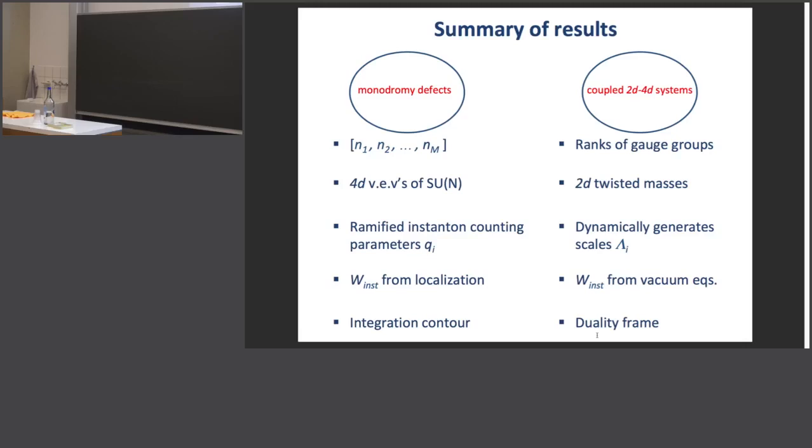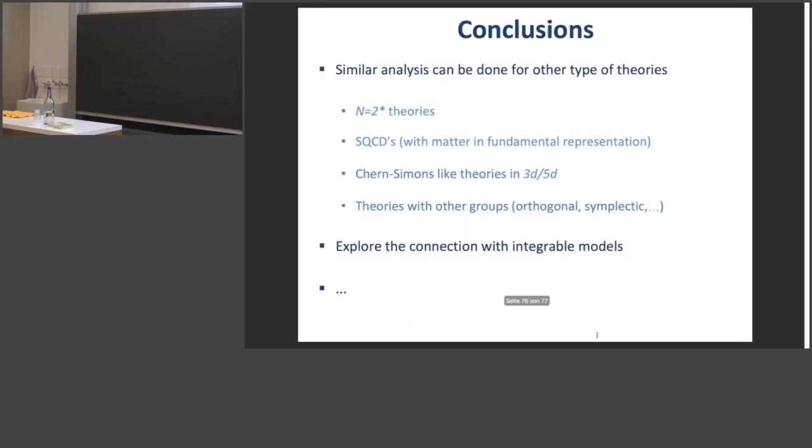What were the ramified instanton parameters become the dynamically generated scale. The vacuum equations lead to the same result as localization when I solve in the way that I described, and the choice of integration contour corresponds to a choice of duality. You have an effective low energy description which corresponds to many different ultraviolet ones that correspond to different duality frames.